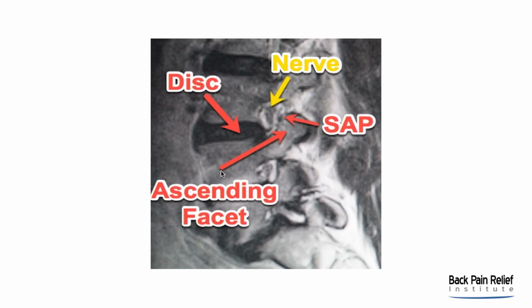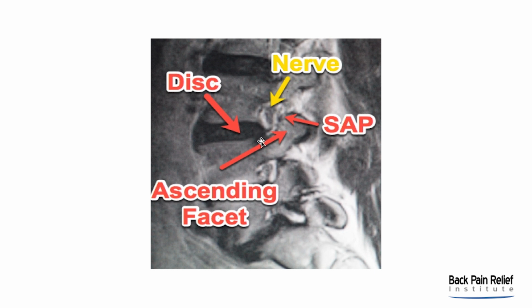Okay, here's an MRI scan that depicts the anatomy that we just reviewed on the model. Let me just review: the keyhole foraminal canal is right here. Inside it is the eyeball, or the nerve. It kind of looks like an eyeball, and it's surrounded by the white, which is the fat. This is the disc. The dark band here is the disc, and we could see that if you had a foraminal disc herniation, then it could push out into here.